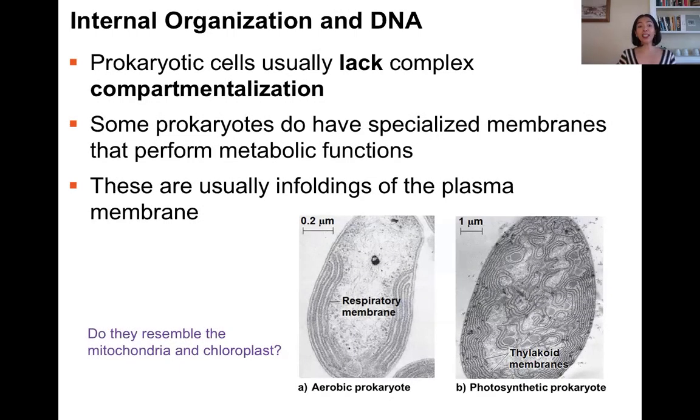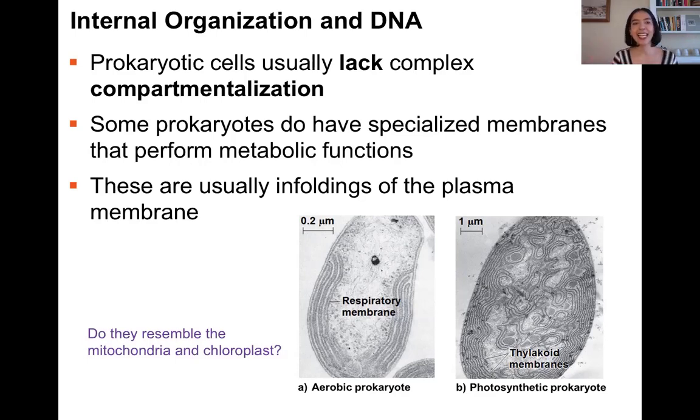And now, prokaryotic cells lack a nucleus, right? We say prokaryotes means pro, before, and karyo, that comes from karyon, that's Greek, and that means before the nucleus or before the nut.